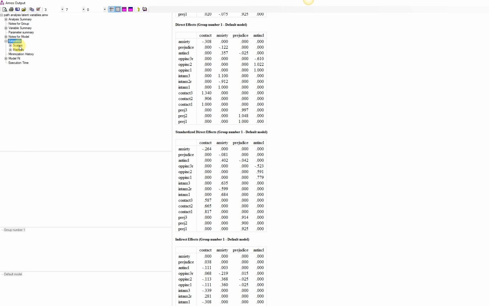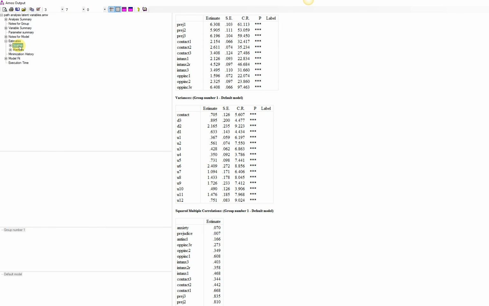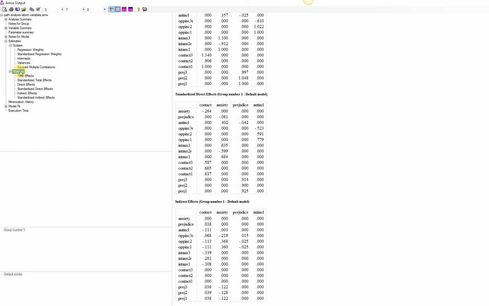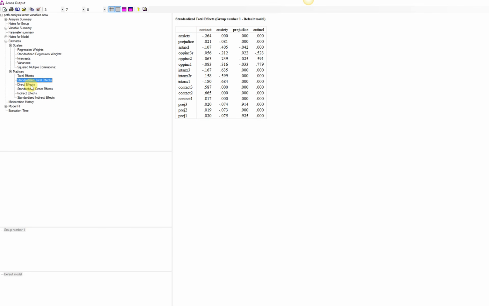If you want to look at things more specifically, you have your scalars, which is the regression weights, intercepts, variances, squared multiple correlations. Under matrices, you get the various effects as well.